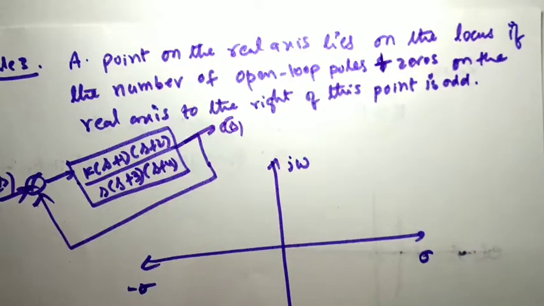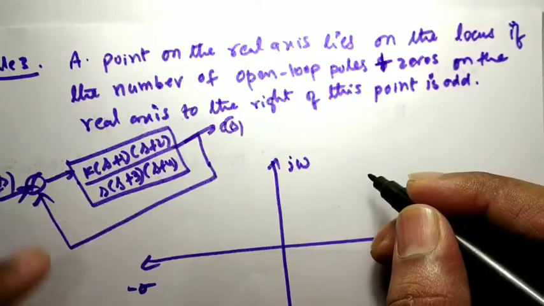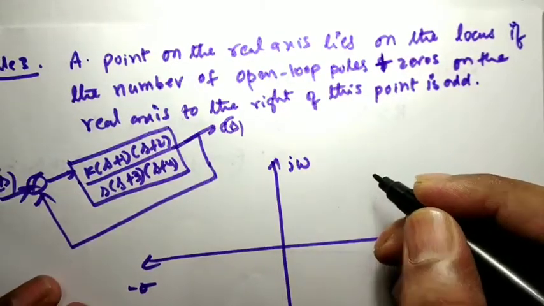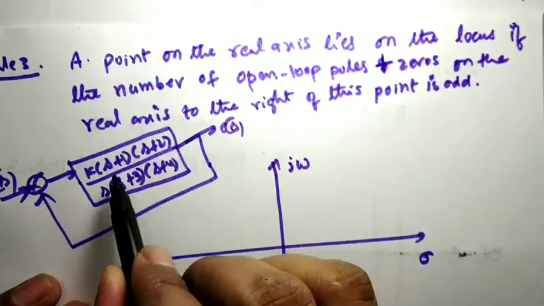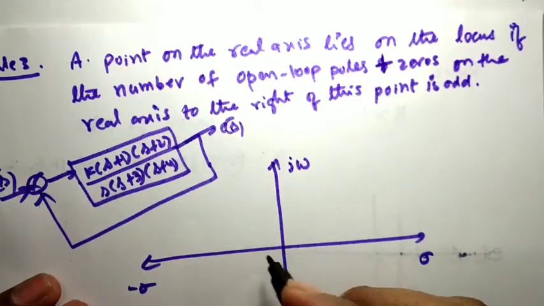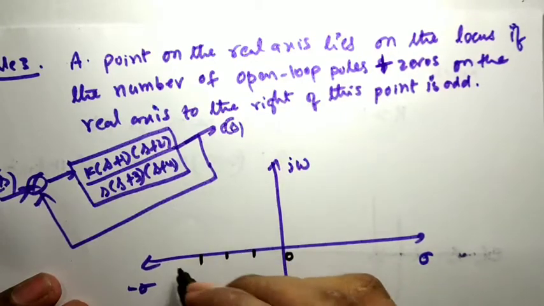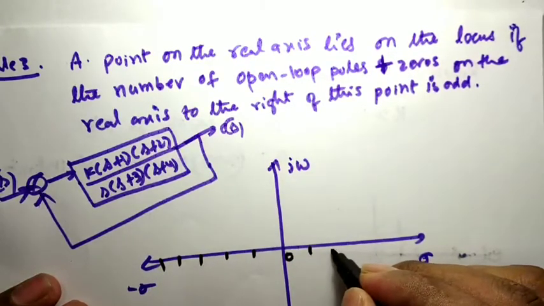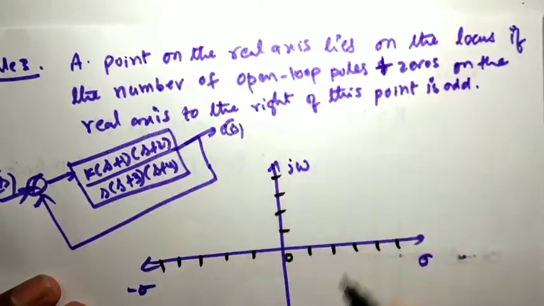When you observe this, this is the S plane. Now look at the poles and zeros on the S plane. S plus 1 equal to 0 means S is equal to minus 1. The numerator contains zeros and the denominator contains poles.